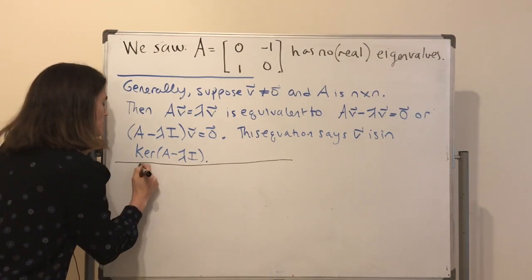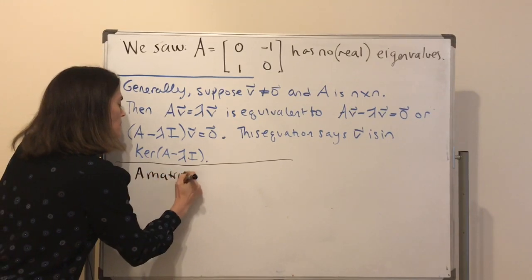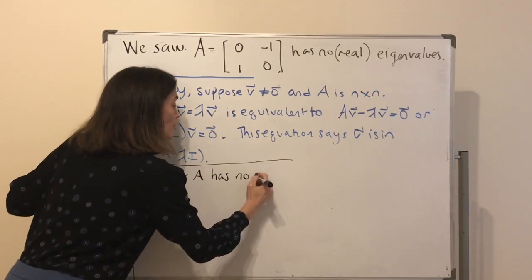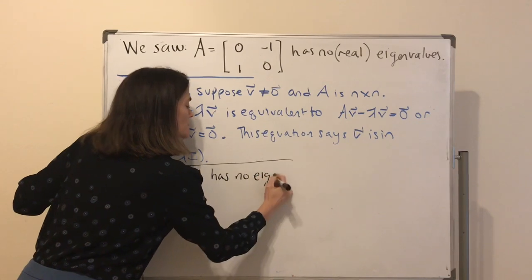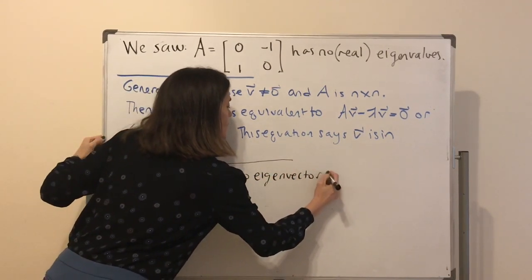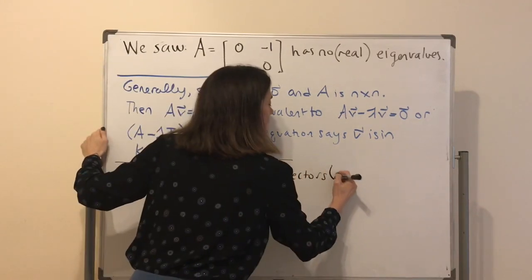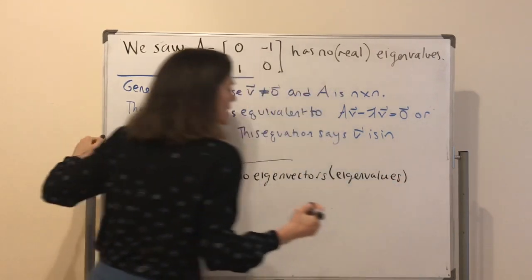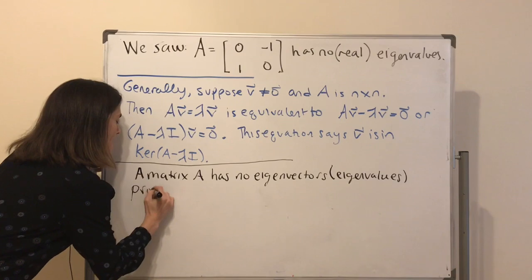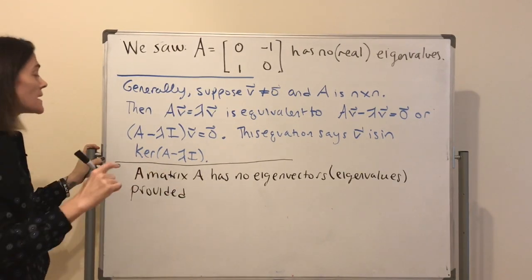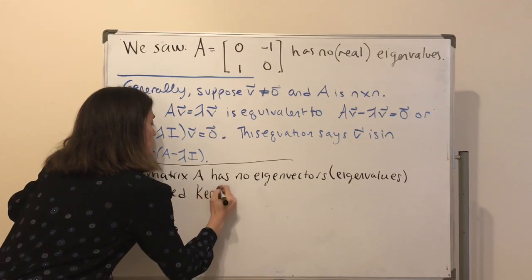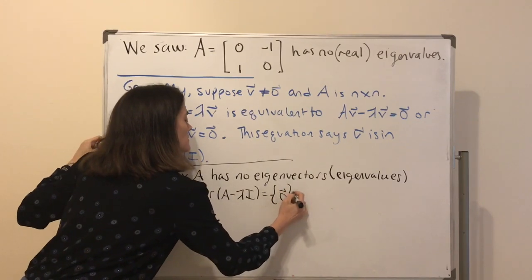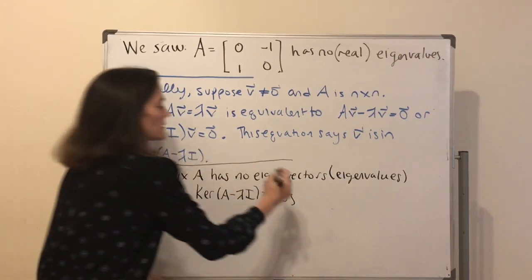Then a matrix A has no eigenvectors, or equivalently eigenvalues, provided that the kernel of A minus lambda I is just the zero vector for every possible lambda.